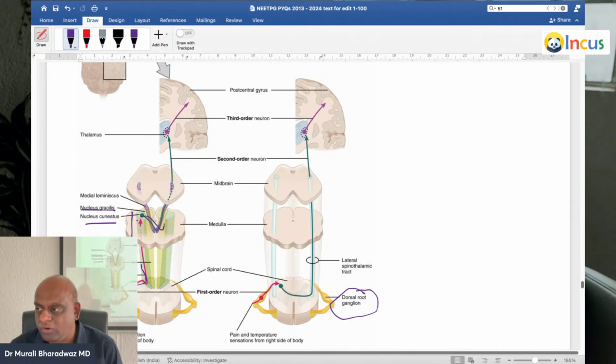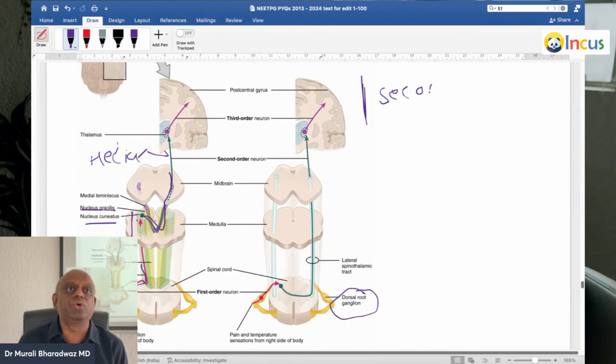There they undergo the decussation and go to the opposite side, carried by the medial lemniscus. So what is the meaning of a lemniscus? Lemniscus is the path which carries the second order neurons. The medial lemniscus is carried until it reaches the thalamus.